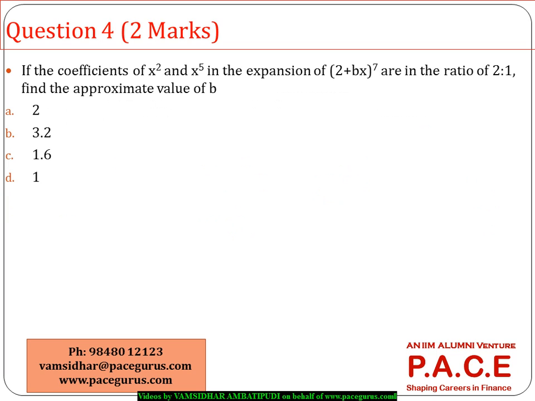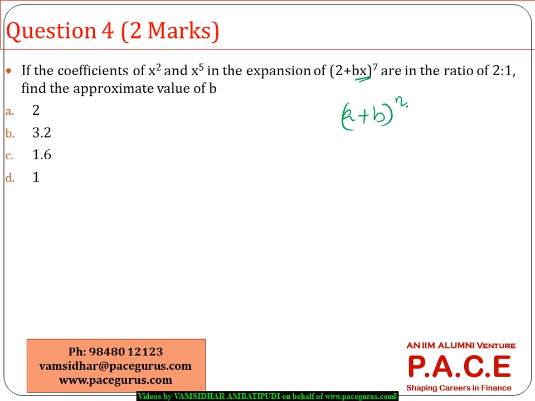If the coefficients of x squared and x power 5 in the expansion of 2 plus bx to the power 7 are in the ratio 2 is to 1. How do I compute what is the coefficient of x squared? We know that this is bx. So x squared coefficient will come out, we know that the expansion is always of the form a plus b to the power n.